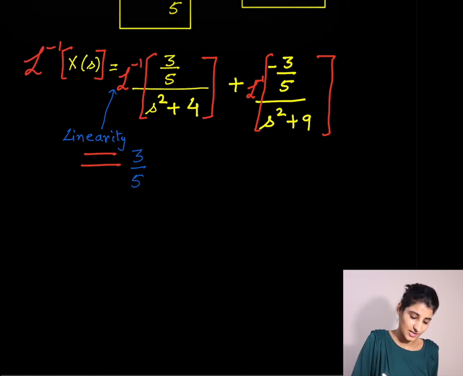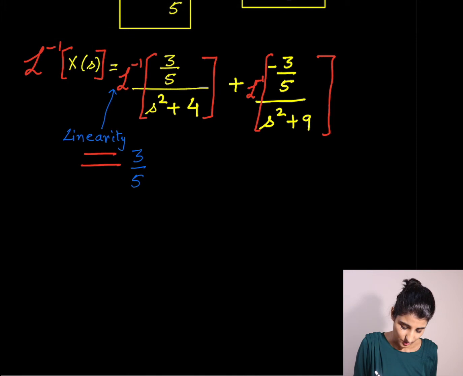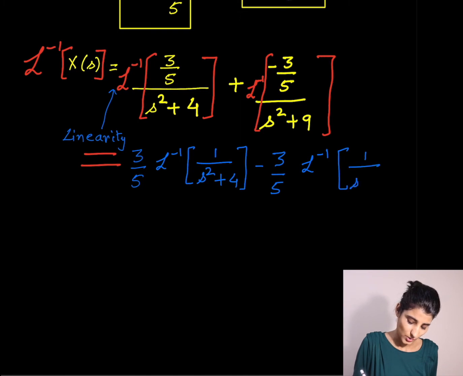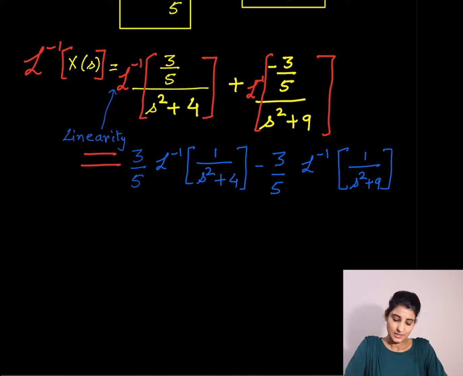So 3 over 5 we can pull out times Laplace inverse of 1 over s square plus 4. We can similarly pull out negative 3 over 5 times Laplace inverse of 1 over s square plus 9. Okay. Now 1 over s square plus 4 and 1 over s square plus 9. We want to find out the Laplace inverse using our table.